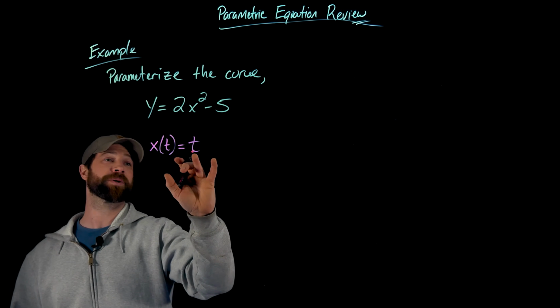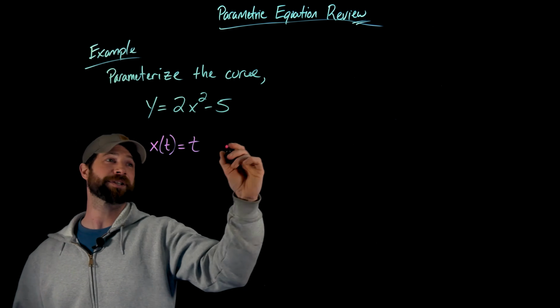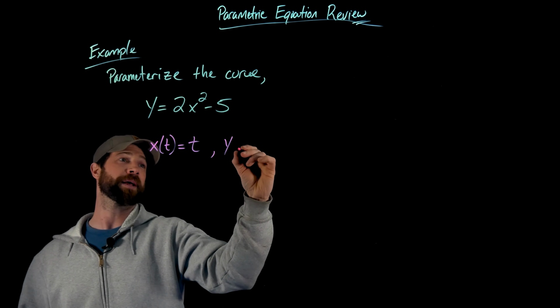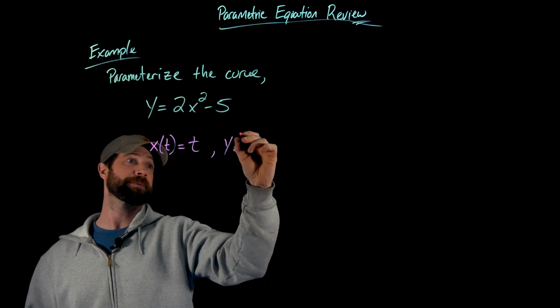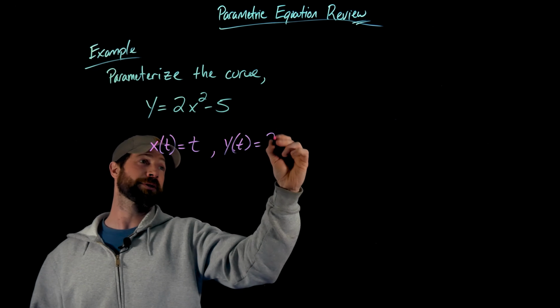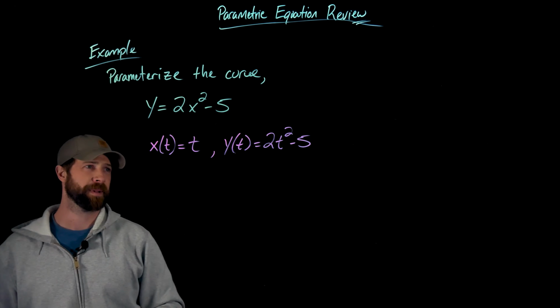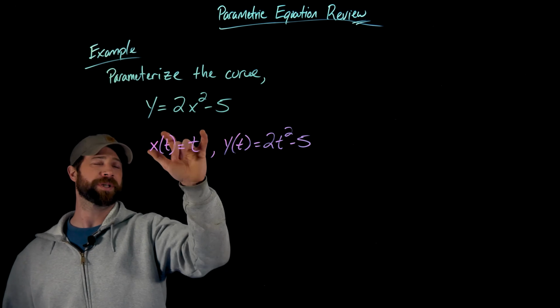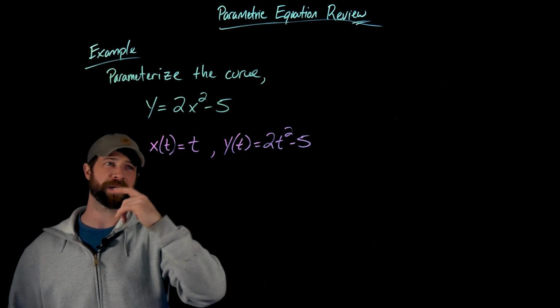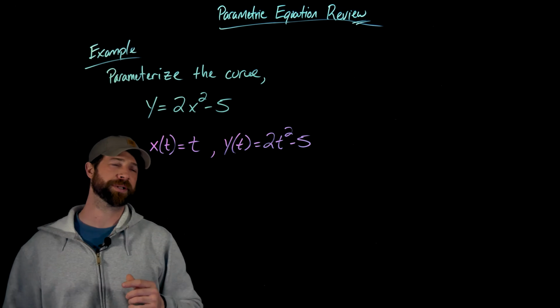So you're basically doing a substitution for t in this situation, and then you can say that y of t equals 2t squared minus 5. And if we were given a domain restriction here, we'd have to realize that in our new parametric equations.